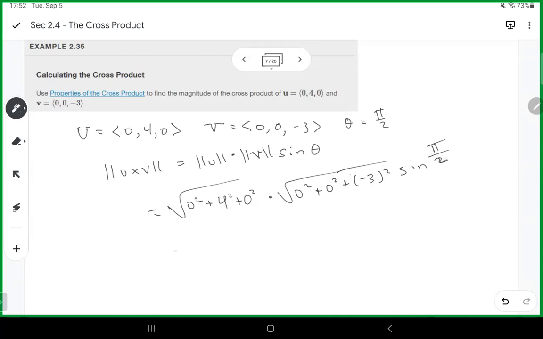Okay. And then that gives us square root of 16 times square root of 9 sine theta, which is 4 times 3 times sine of pi over 2, which is just 1. So our answer is 12.